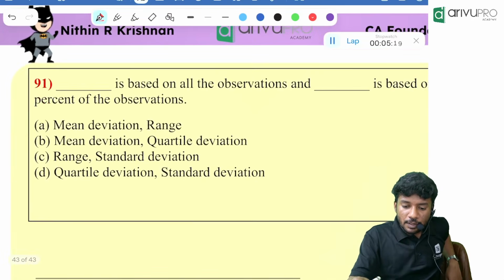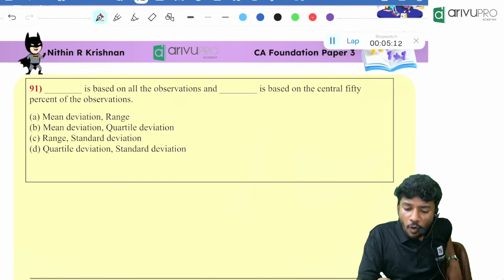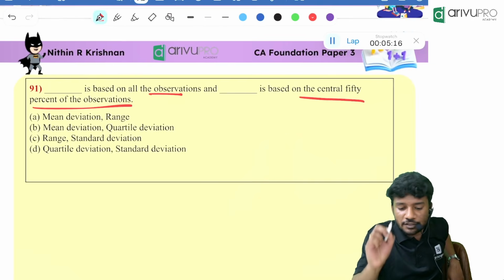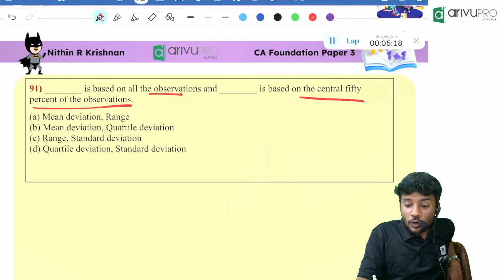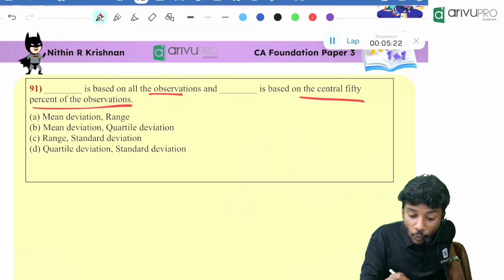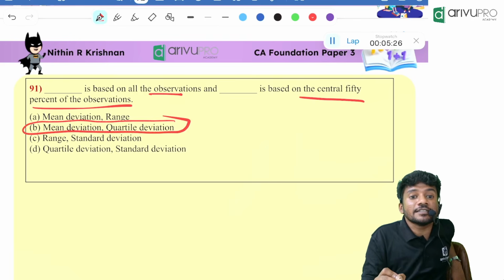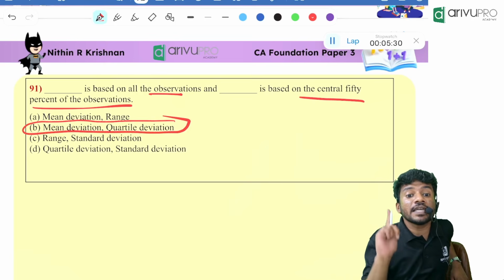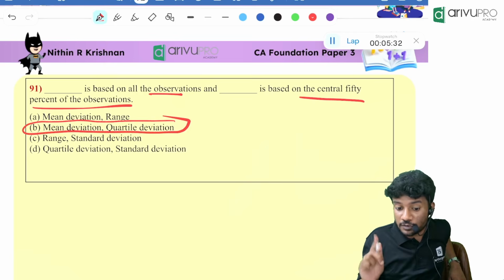Now, this question, people. Dash is based on all observations and dash is based on the central 50% of the observations. So, what is based on the central 50% is the quartile deviation. Then, what is based on all the observations? I told you, I will tell you about that later. So, which is based on all the observations? Only mean deviation is based on all the observations.